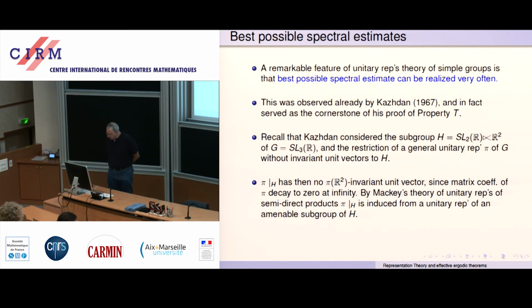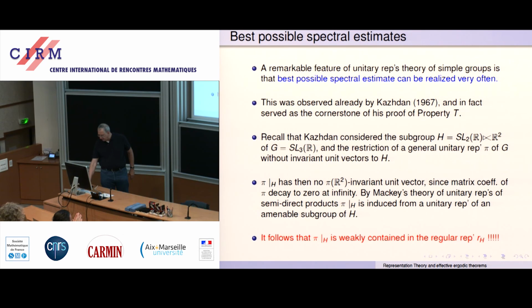And then by Mackey's theory of unitary representations of semi-direct products, the restriction of pi to H is induced from a unitary representation of an amenable subgroup, as Kazhdan points out.